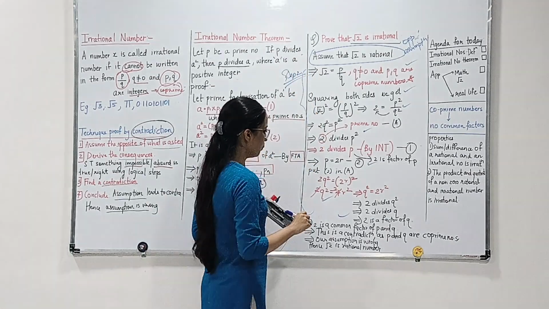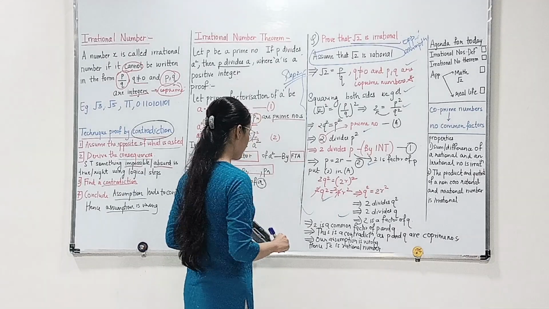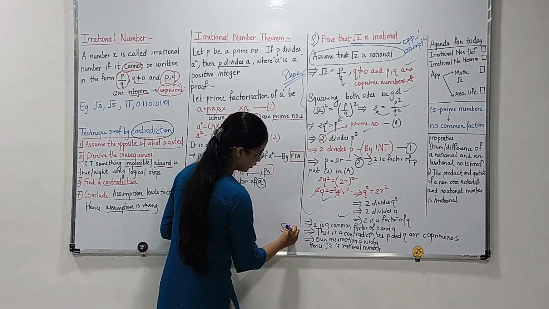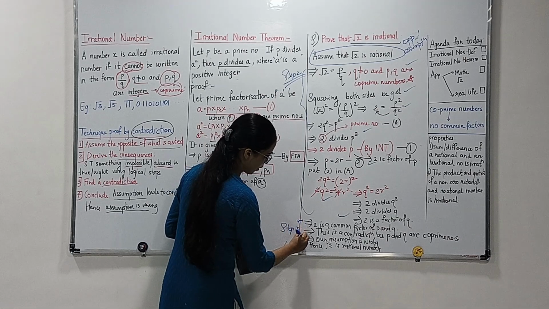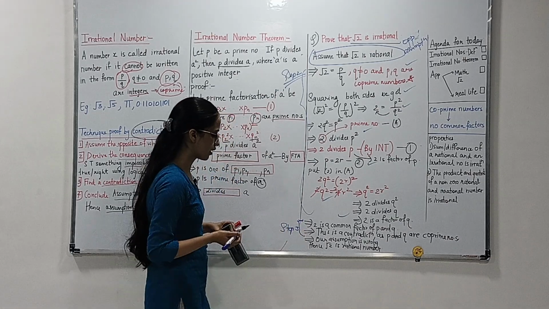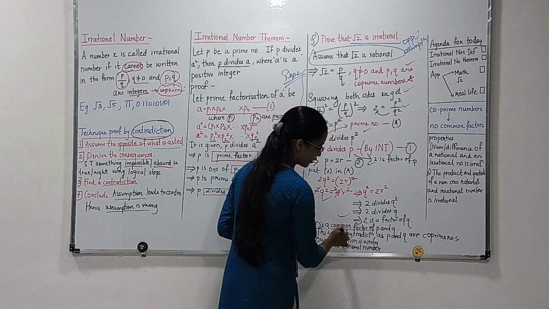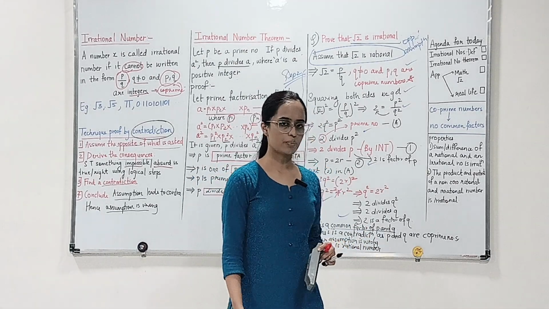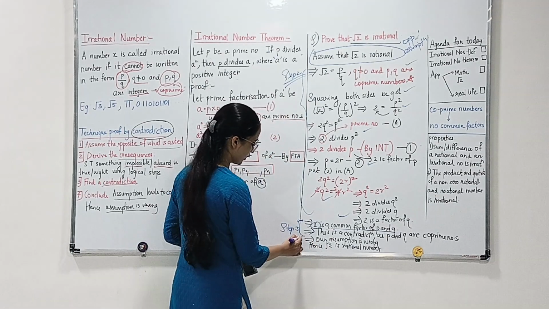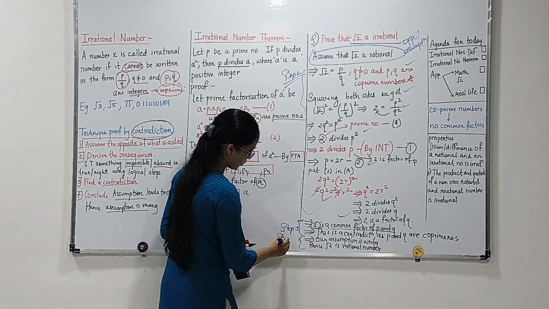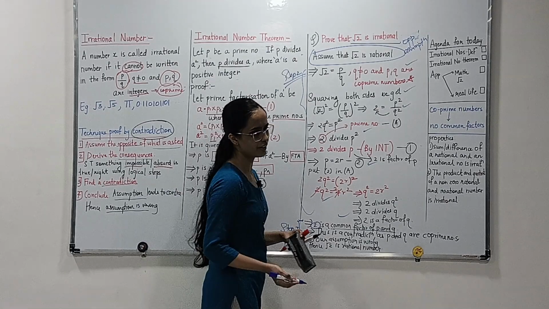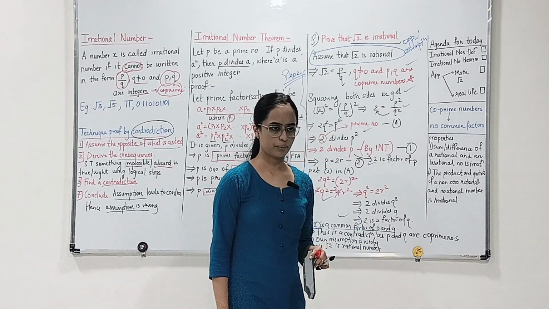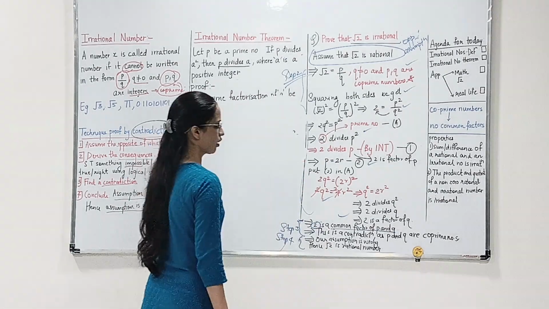Once we finish with step number 2, we come to step number 3, which is basically the contradiction part of it. What is the contradiction? That we get a common factor of p and q, but that is not possible because p and q both are co-prime numbers. And finally, we conclude. So this is your step number 4, in which we conclude that our assumption was wrong, and hence root 2 is an irrational number only.